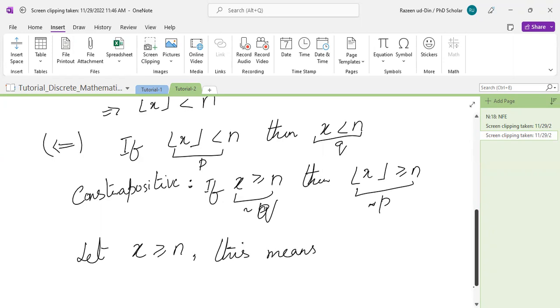the greatest integer not exceeding x must be at least n, right?